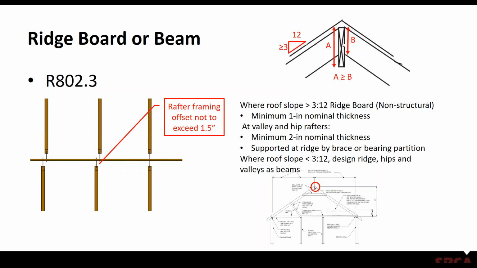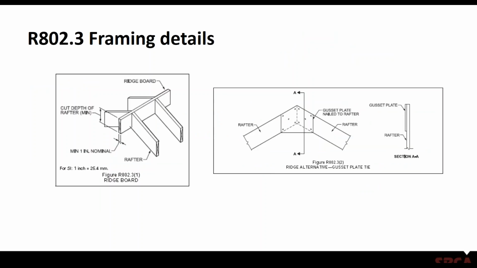That's what the figure in the upper right-hand corner shows: the depth of the ridge board or valley or hip rafter, A, has to be deeper than B, which is the vertical dimension of the rafter tying into it. And again, to reiterate, if you have a roof slope that is less than 3:12, then the ridge, hips and valleys have to be designed as beams.